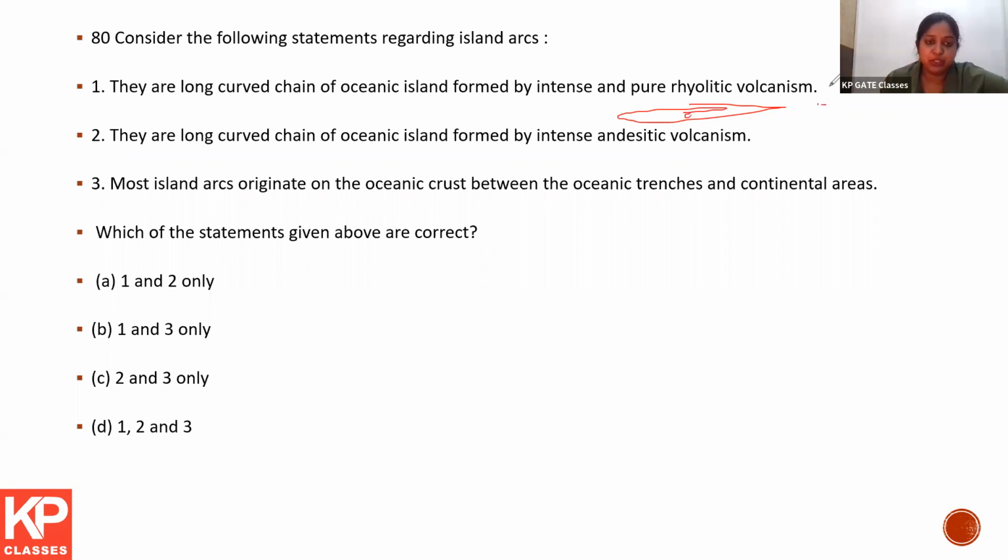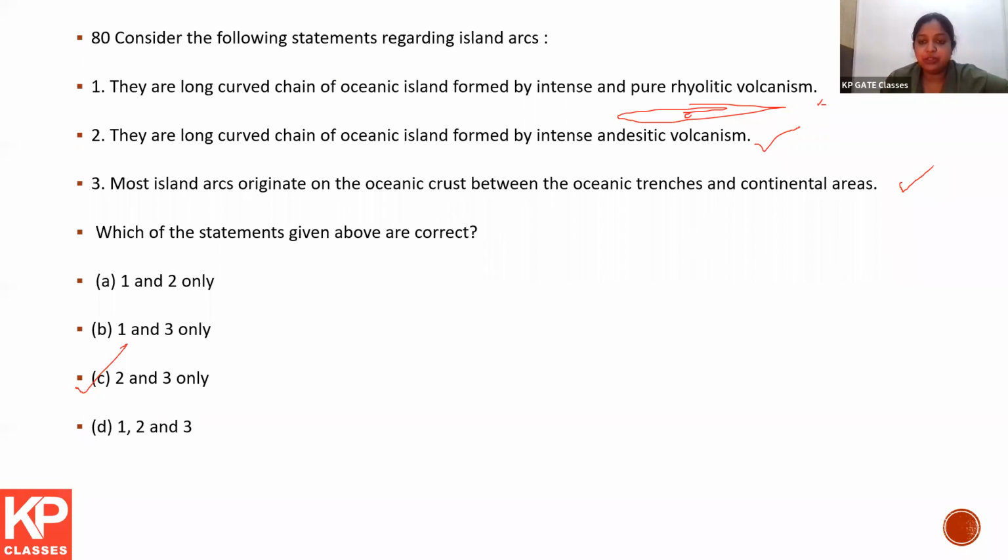There is intermediate composition. They are long curved chains of oceanic islands formed by intense andesitic volcanism. Yes, they get formed by intermediate composition andesitic volcanism. Then most island arcs originate on the oceanic crust between the oceanic trench and continental areas. Yes, so the correct statements are 2 and 3. So option C is the right statement.